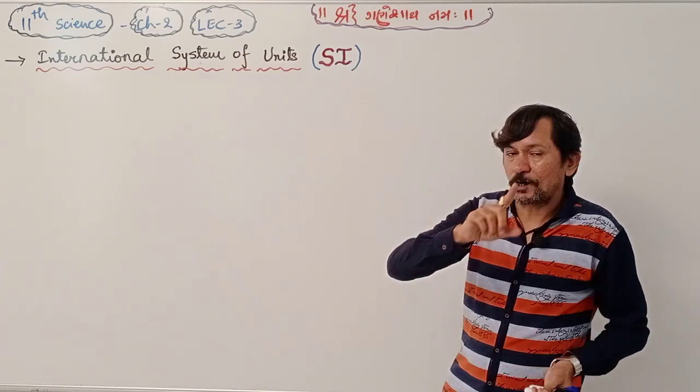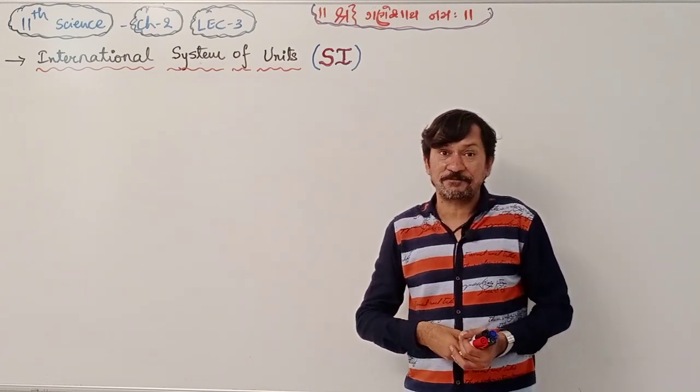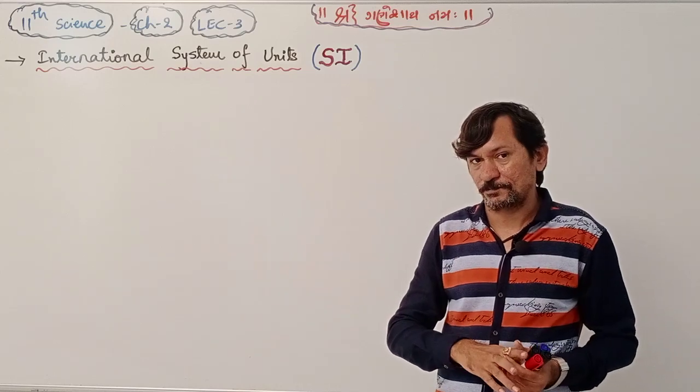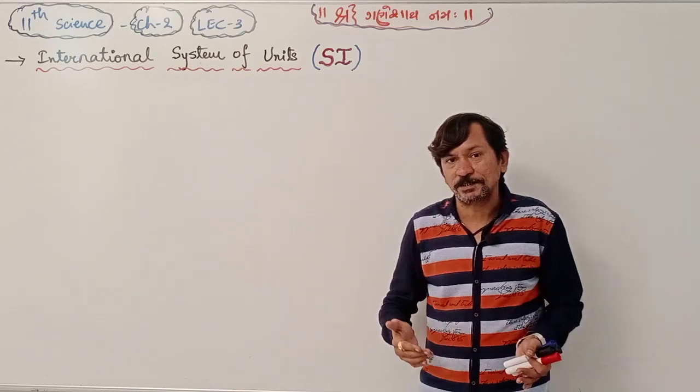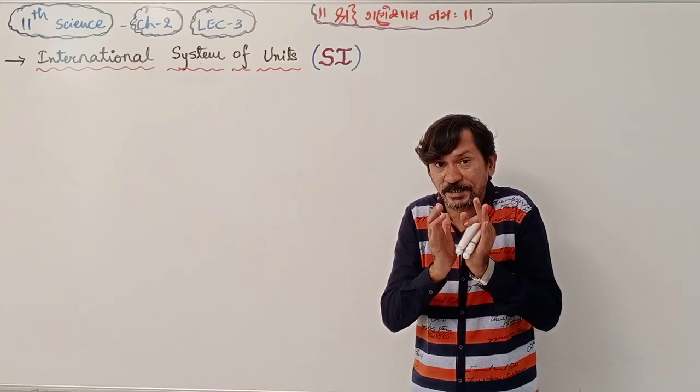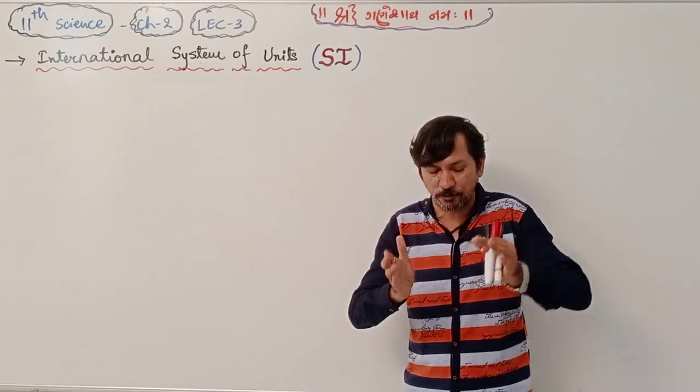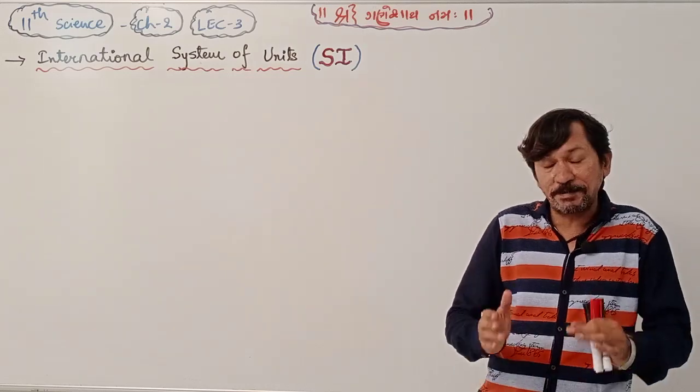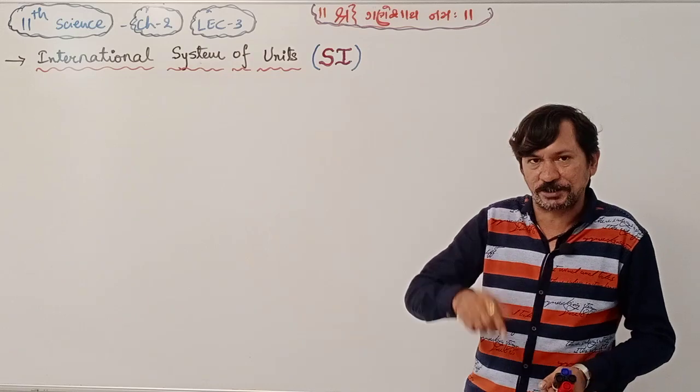Now there are 7 fundamental physical quantities in this system, or we can say that only 7 physical quantities were considered to be fundamental or base physical quantities for this system.